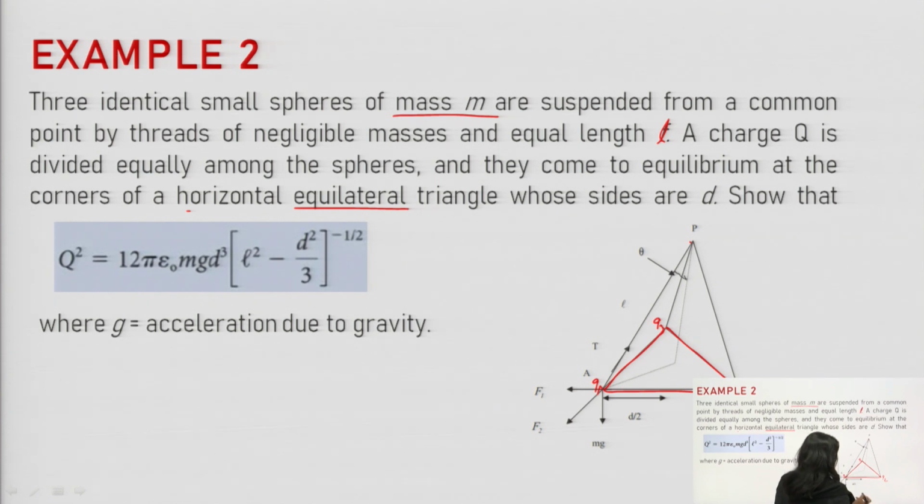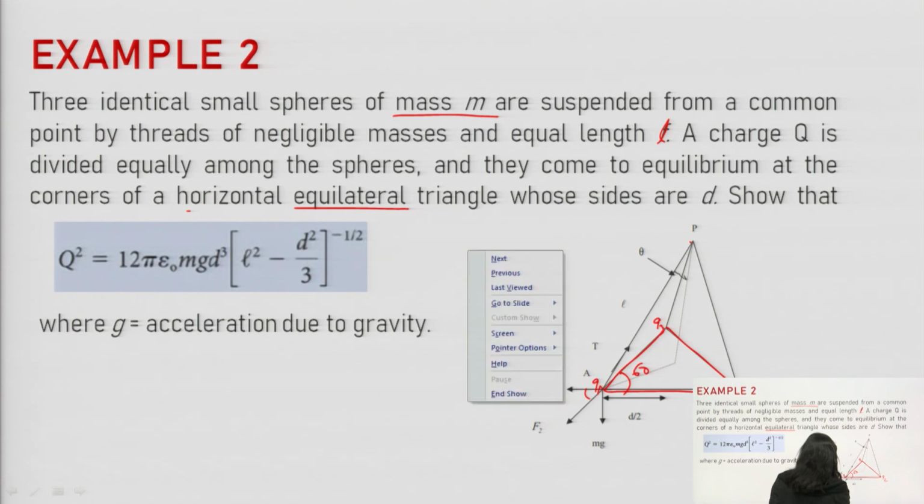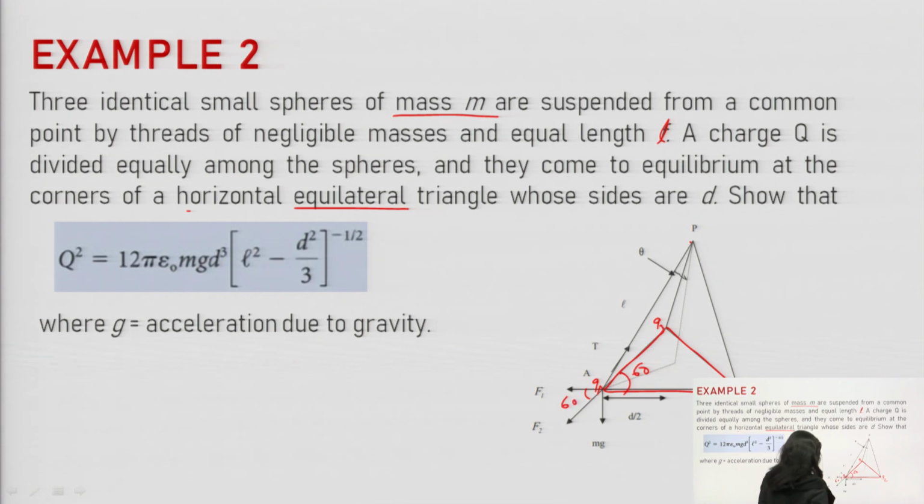As we know that this is an equilateral triangle, this angle will be 60 degrees. So this F1 and F2 will also be apart from each other by 60 degrees. Now to bring the whole system into equilibrium, we need to equate all the forces.